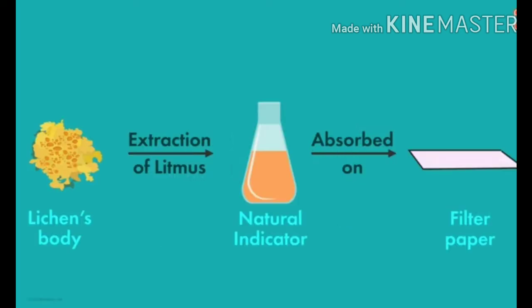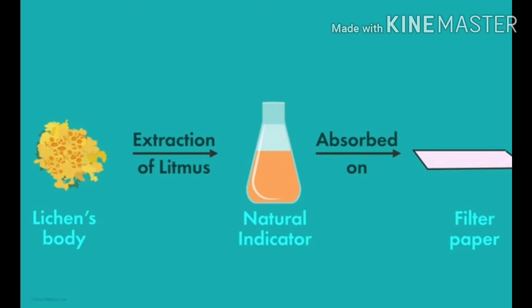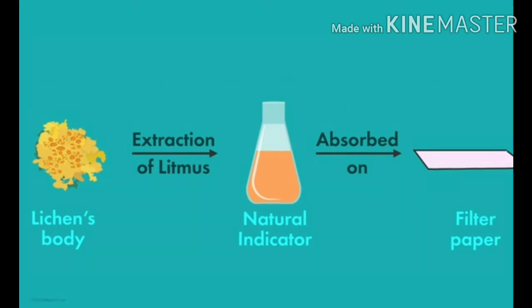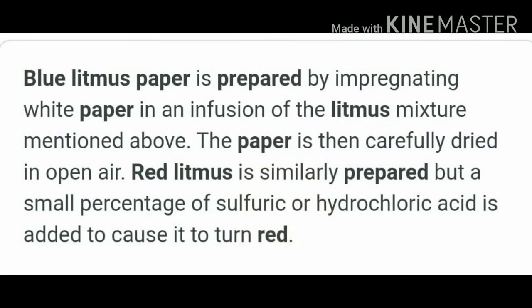It may be used either in solution form or it can be converted into litmus paper, the way we made turmeric paper similarly. The natural color of litmus is purple. So in a neutral solution, we get a purple color with litmus.